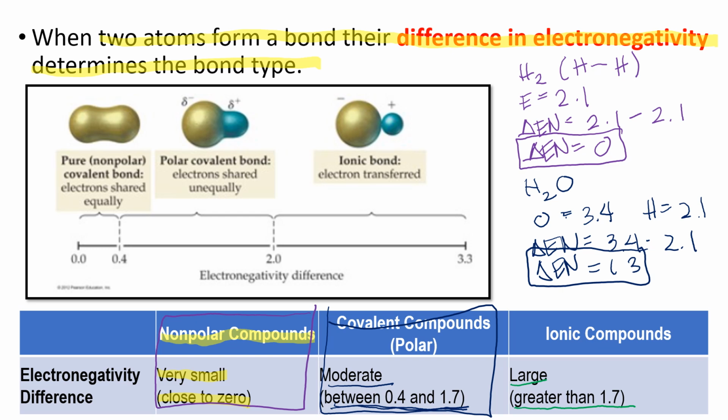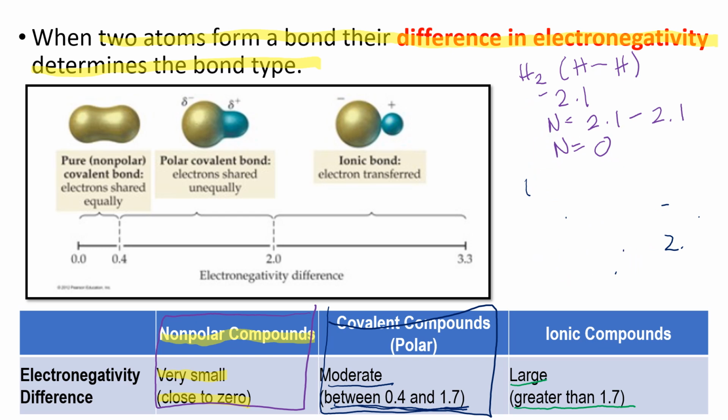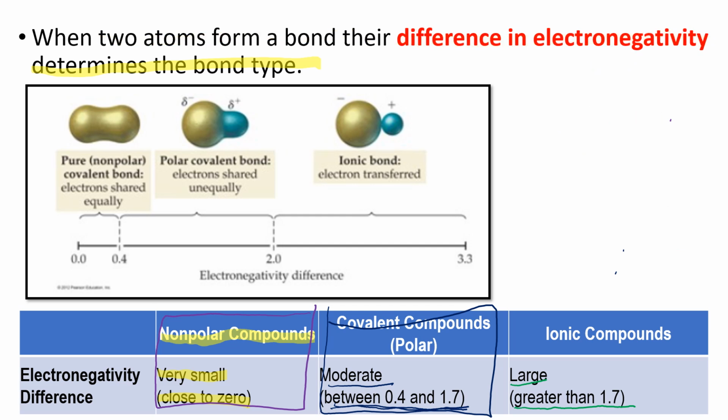An example of an ionic bond here is sodium chloride. The electronegativity of sodium is 0.9, and the electronegativity of chlorine is 3.2.